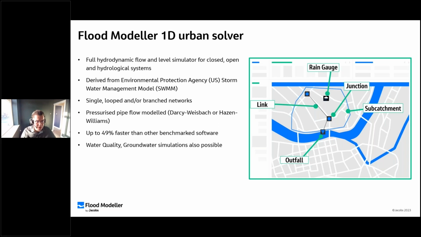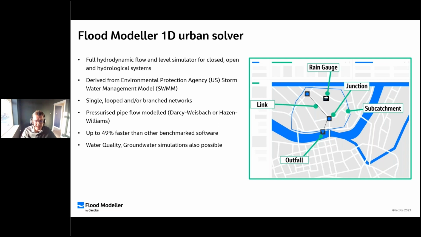It's an industry standard across the world, and it's very robust. The 1D Urban Solver is a fully hydrodynamic flow and level simulator for drainage network systems. This means the software will essentially simulate time-varying hydraulic results. So things we might be interested in are flow, velocity, and level within the network, and throughout the period of the simulation as well.